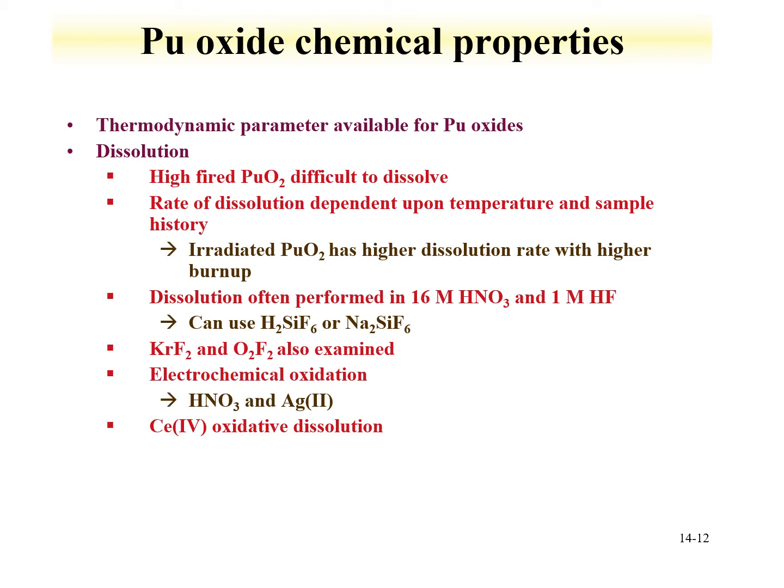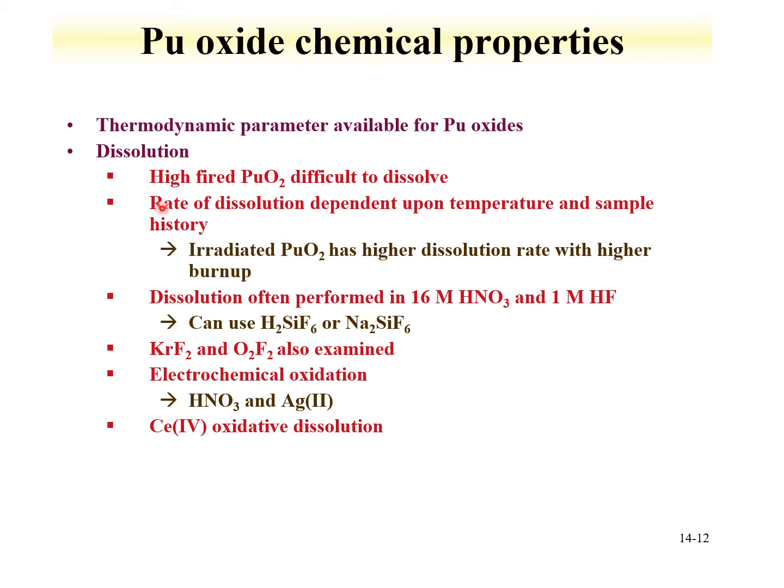And for the nuclear fuel cycle, an important consideration is dissolution. Any high-fired plutonium dioxide is difficult to dissolve. This has an implication on MOX fuel, where after it's been burned a number of times and recycled, you have a difficulty dissolving it. So the dissolution of the plutonium dioxides is dependent upon the temperature and the sample history.